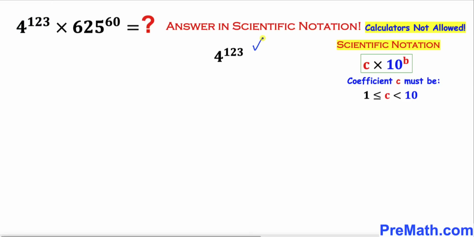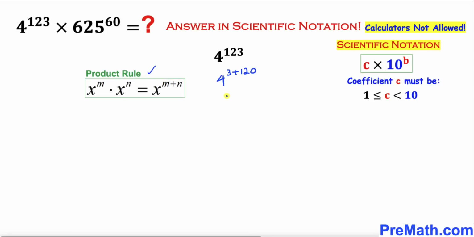And here's our number, and let's go ahead and tweak its exponent. This number could be written as 4 power 3 plus 120. And now let's recall this product rule of exponents. According to this rule, I can write this one as 4 power 3 times 4 power 120.